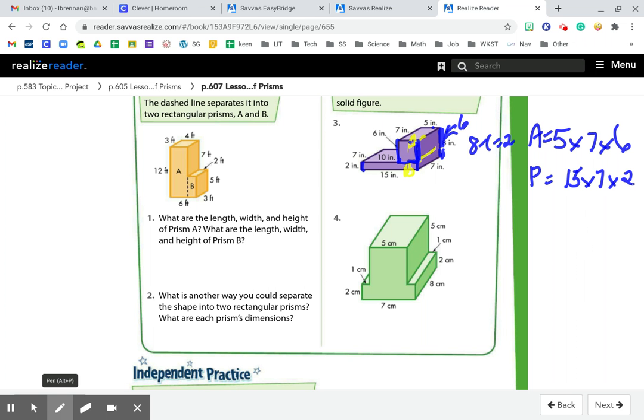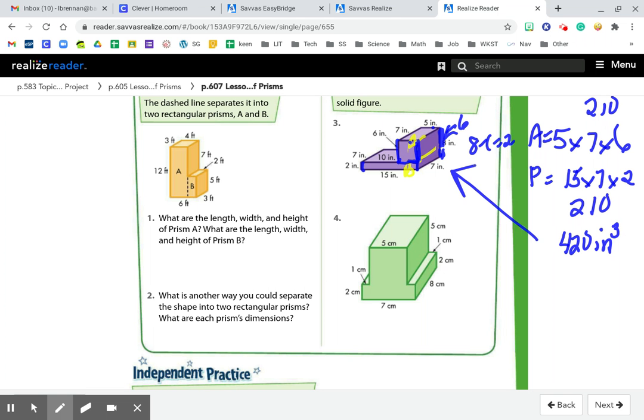And you can do this on the calculator, 5 times 7 times 6, and 15 times 7 times 2. 15 times 2 is 30, 30 times 7 is 210, and 5 times 7 times 6 is the same thing, 210. And 210 plus 210 is a total of 420 inches cubed.